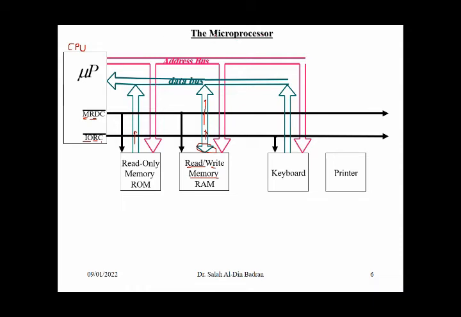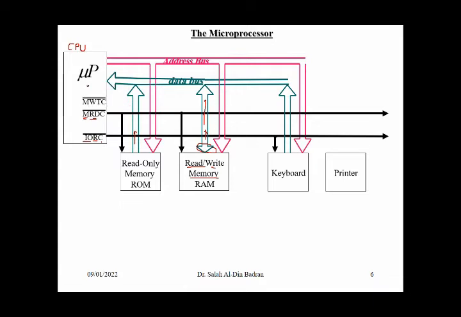Because the chips and electronic elements inside this chip are very, very small. Processor because it processes arithmetic and logical operations. So it will take the information through the data bus and send it to the microprocessor to process it.